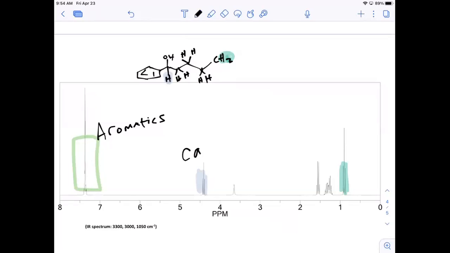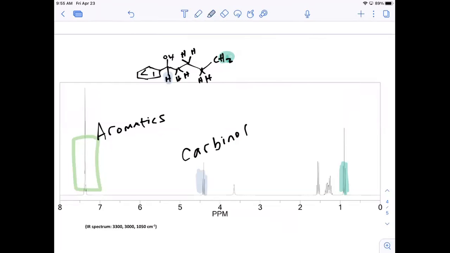Remember, we call those carbonyl protons. It does not split with the OH, but it'll split with the group next to it, so that should be a triplet. And the chemical shift is exactly where it should be, somewhere between 3.5 and 4.5.